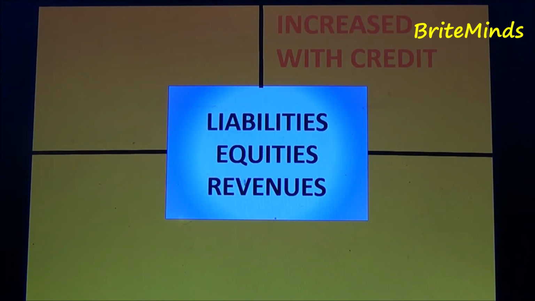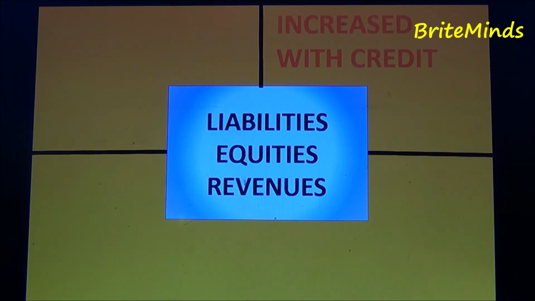So we go to the equity accounts. Any increase in equity accounts is recorded as credit. Examples of equity accounts are the capital account and the common stock.